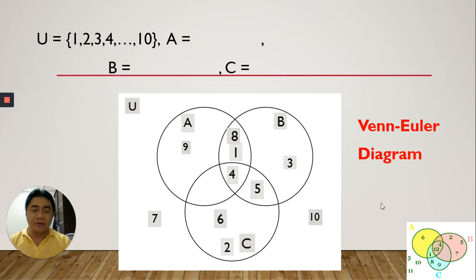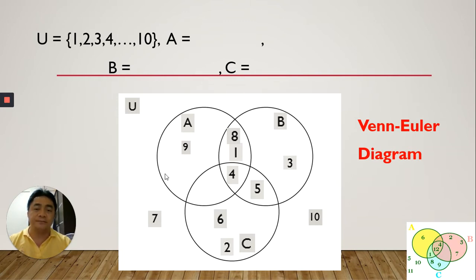As you can see here in our first slide, you will see the Venn-Euler diagram. We have here the rectangle that represents the universal set, and we have the three different sets A, B, and C. Now we're going to find out the elements for set A, set B, and set C, based on the diagram.